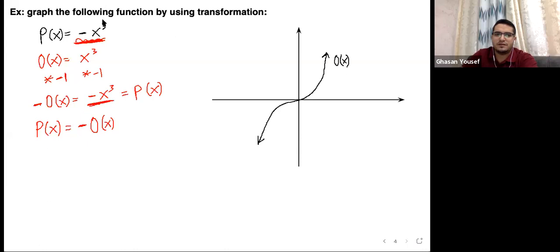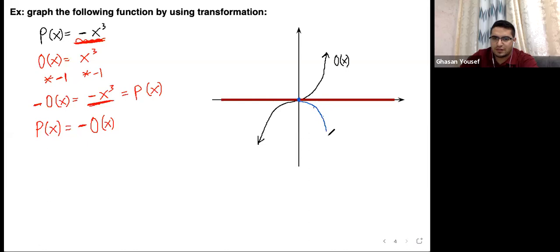So my mirror now is the x-axis. Here is my mirror. Now all points should be reflected here. So at 0 it should be the same point. This point should be here. This point should be here. And the same for all other points.